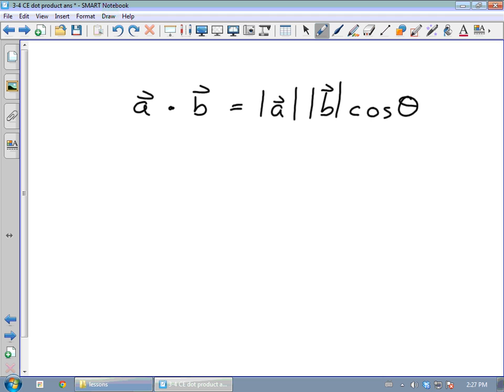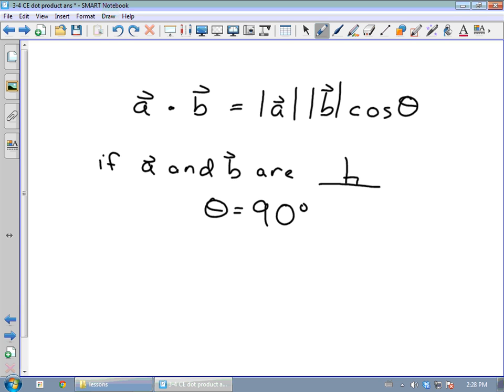And using this geometric interpretation leads us to one important point here. What happens if A and B are perpendicular? If A and B are perpendicular, the angle between them is 90 degrees.